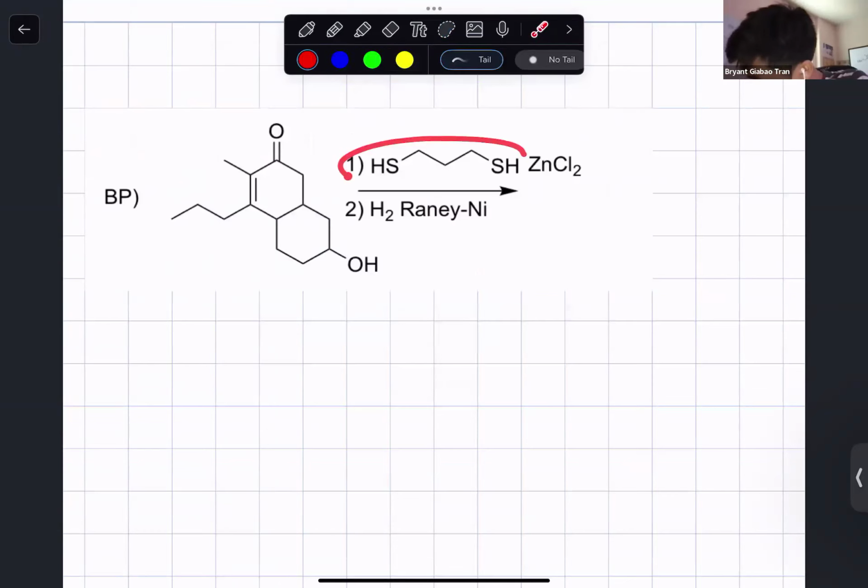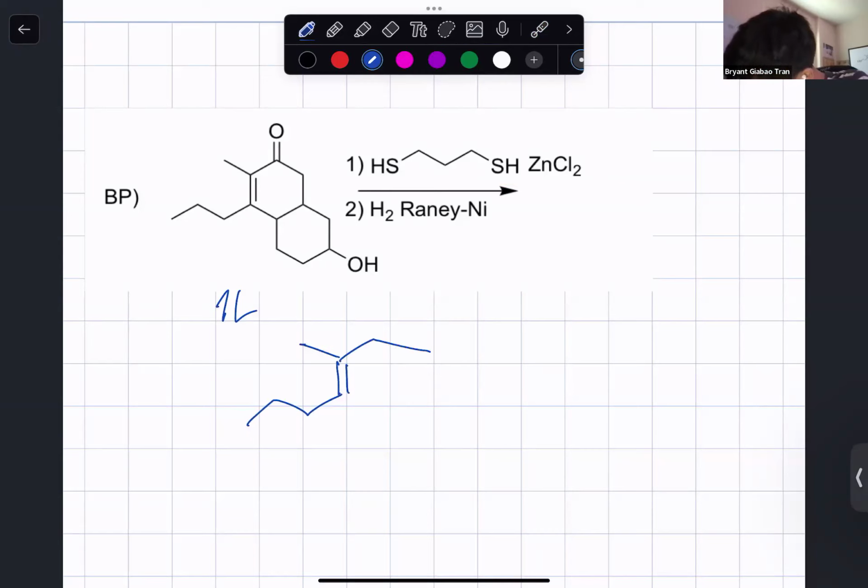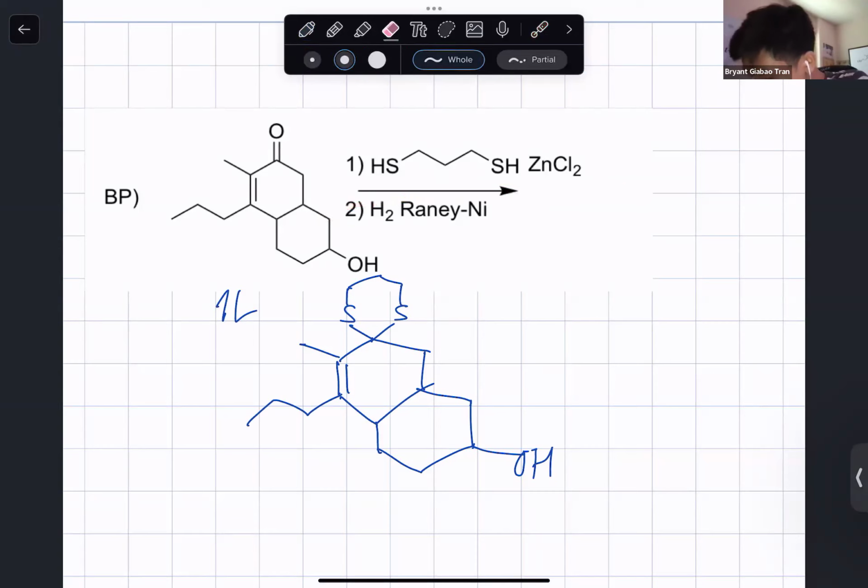Whenever you have this tethered thiol here with zinc chloride, you are going to make this thioacetal protecting group, right? It's like the acetal, but with sulfur atoms, like this on a carbonyl. And then when that reacts with H2 Raney nickel, the H2 Raney nickel is a reducing agent that will completely get rid of that protecting group to turn it into an alkane, like that.